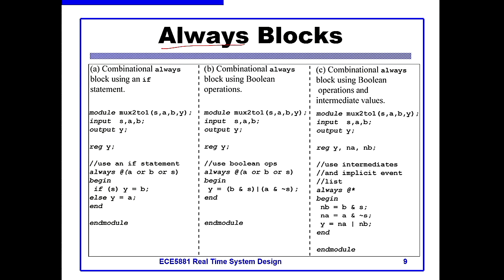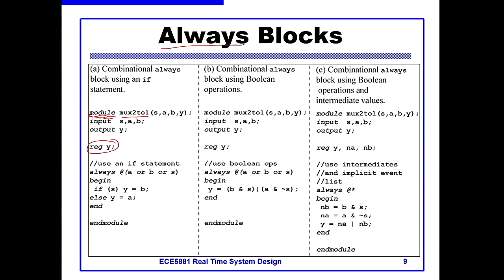So an always block sits within a module. So we've got our module definition here. This is the top level description of the signals coming in and out of the MUX2 to 1 module. And internally we're going to use this signal Y that's only available within this module.